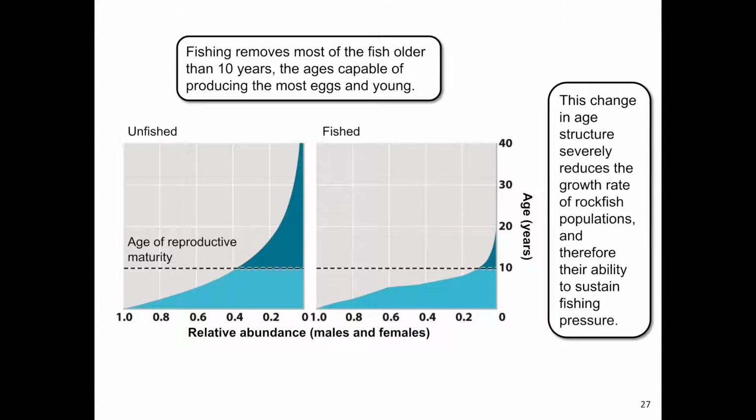But in the fished populations, the curves show a sharp decline of individuals older than 6 years, because mostly older and larger fish are the ones being caught, and those older fish produce most of the eggs and young fish, so the annual reproductive effort of fished populations is severely affected by their removal.